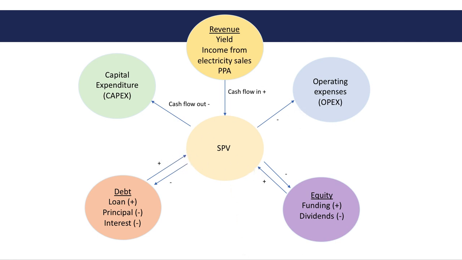Positive with cash flowing in, and then negative as cash flowing out, so negative cash flow out of the project. Notice that all the cash flows move through one central point, and this central point is the SPV or Special Purpose Vehicle. The role of the SPV is to coordinate the project and act as a conduit for cash flows. These projects involve building real infrastructure on real land for many years.